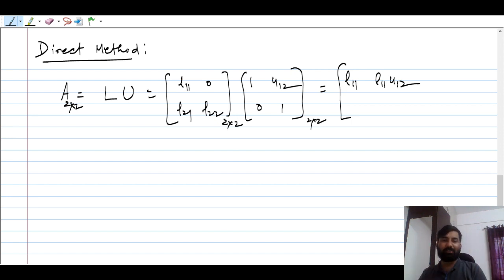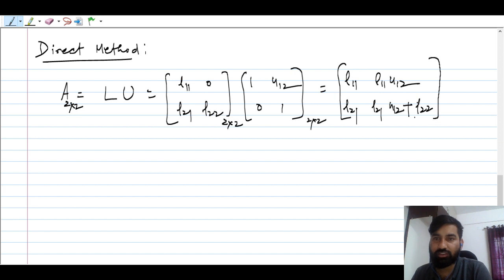You can multiply directly. I think anybody can multiply these two matrices, it's not a big deal. So you get L11, then L21, then L21 U12 plus L22. These are the elements that you get after multiplication.